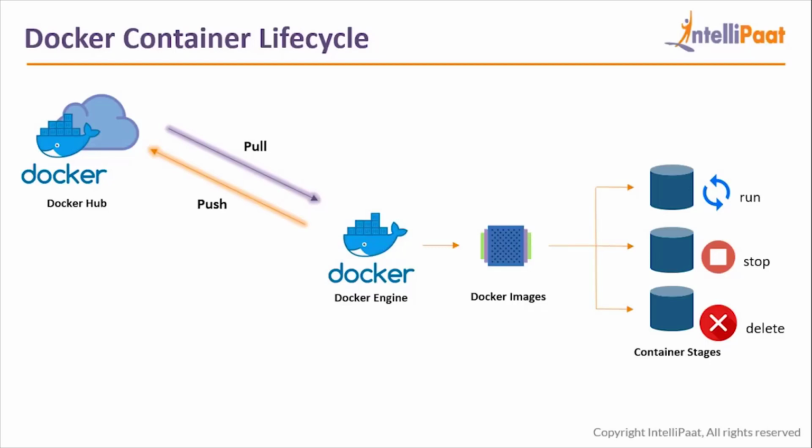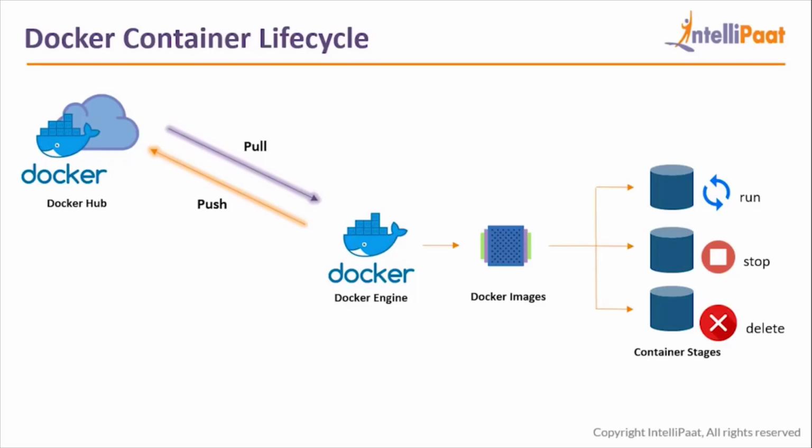You can run that image, and that would be the normal state of a container, that it is running. Once you want to stop a container, that is again a lifecycle state: when you're done working on the container, you can stop it. And once you are done with everything and you don't need it on your system anymore, you can remove it. So this is the lifecycle of a container.